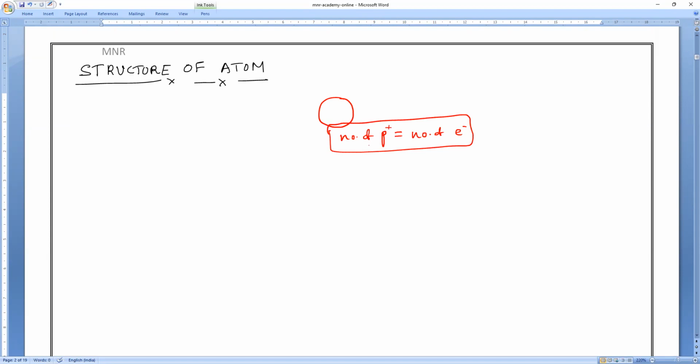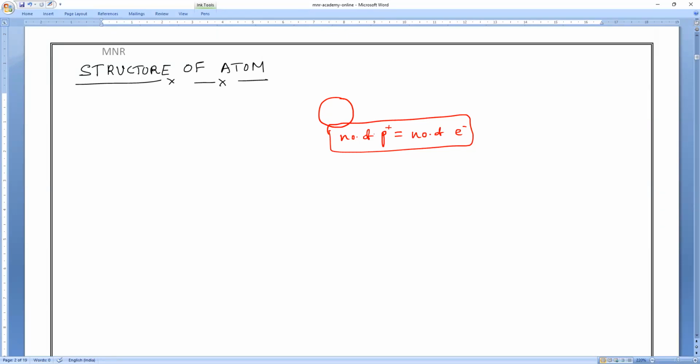So the number of protons and electrons are equal. But there is a question: how are these electrons and protons arranged in an atom? This led many scientists to propose different atomic models.